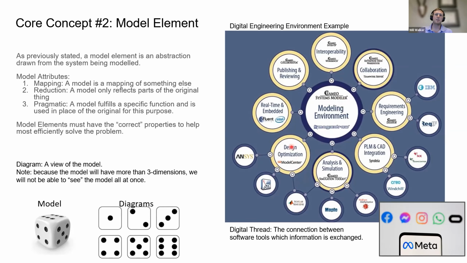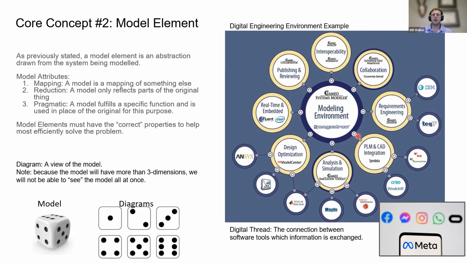So if you're trying to do design, optimization, analysis, and simulation, you might want to connect to MATLAB tool or Simulink. And if you're trying to get your requirements in there, you can connect to IBM's DOORS or ReqIF format. So this scales out much more than this picture is showing.